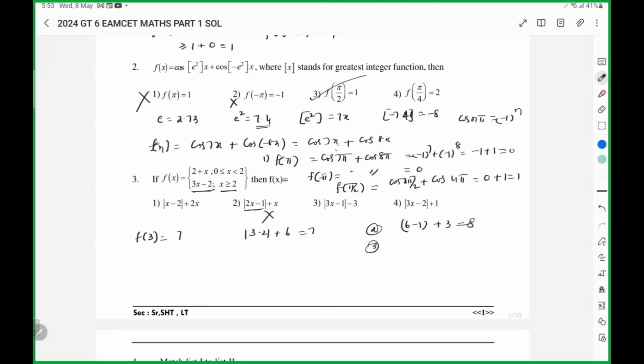Third option, if you take x as 3, 9 minus 1, 8 minus 3, 5, this can't be the answer. Take 3, 9 minus 2, 7 plus 1, 8, it can't be the answer. So first option is correct.